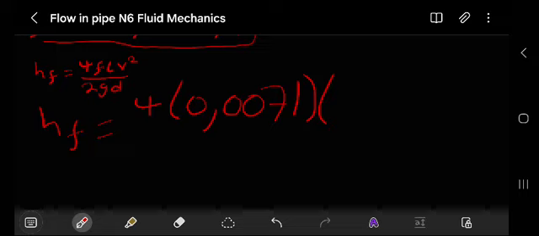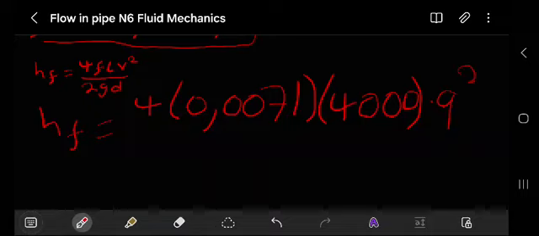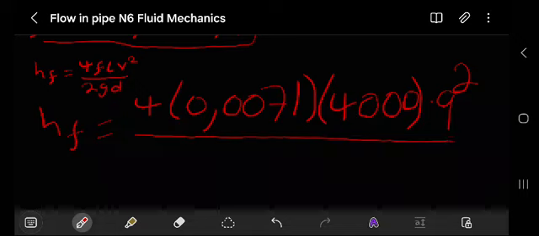It was 4 kilometer, right? This will be 4,000 converted to meter, multiplied by the velocity, which was 9. Then we square the velocity, then we divide this by 2 into 9,81 multiplied by the diameter that we have calculated, which is 0,0585, right?